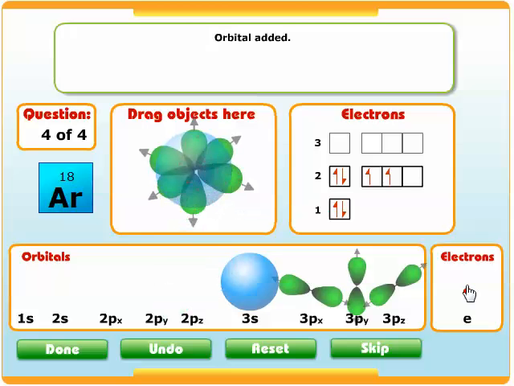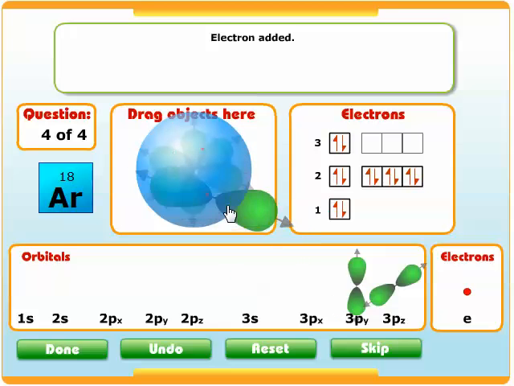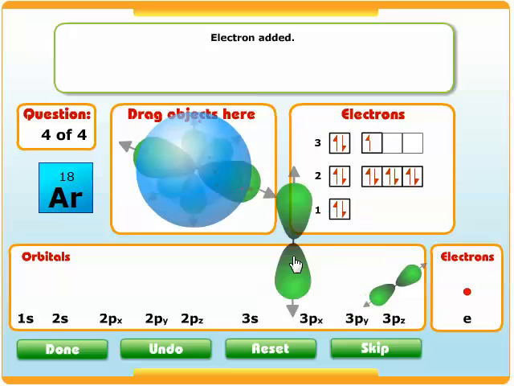Before I double up, I'm following Hund's rule. And now it's time to double up. Remember, we go up, up, up before we go down, down, down. My next s orbital, I'm going to add 2 electrons. Then I've got my next p orbital.